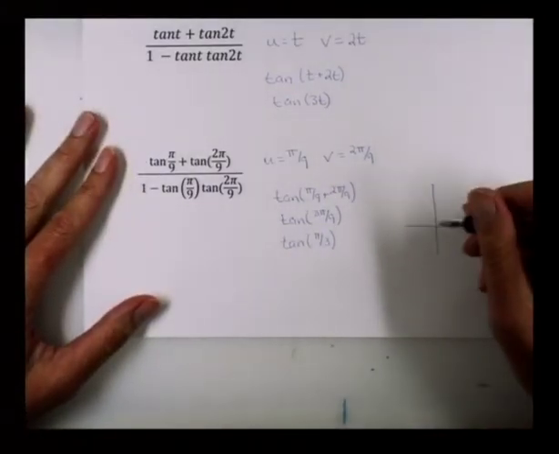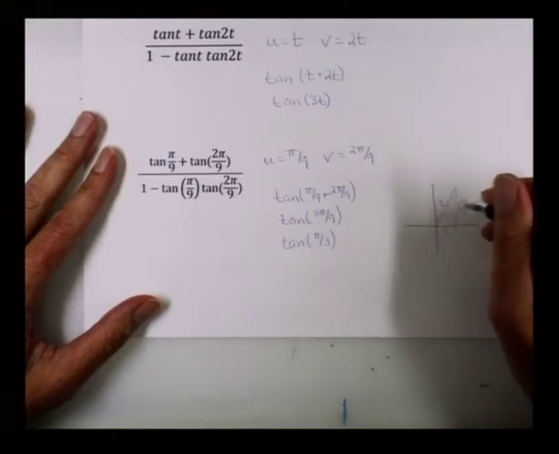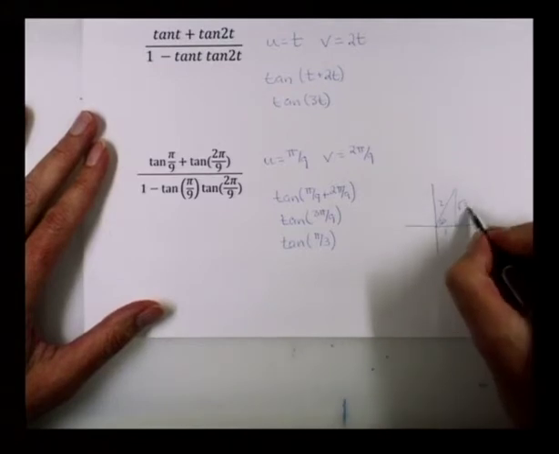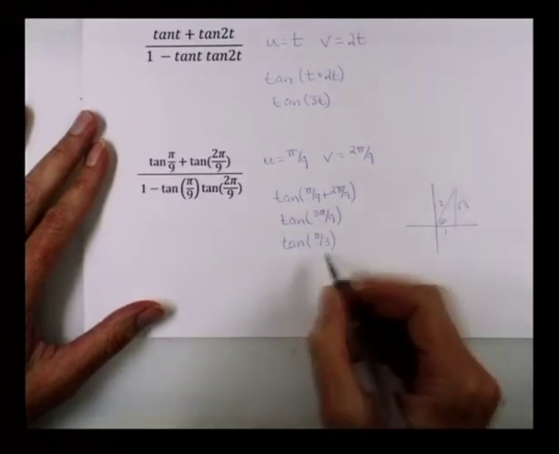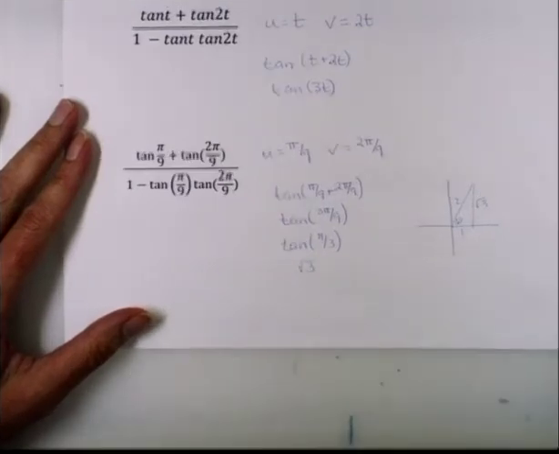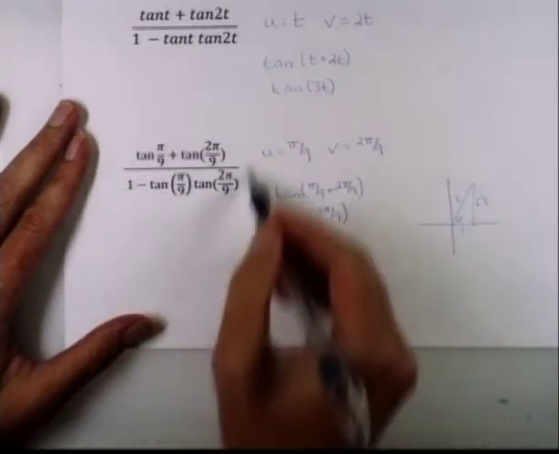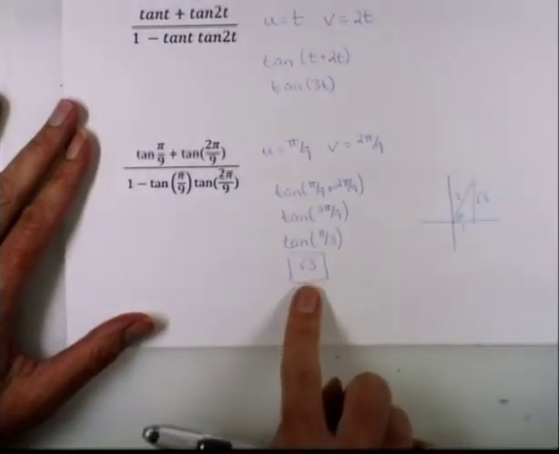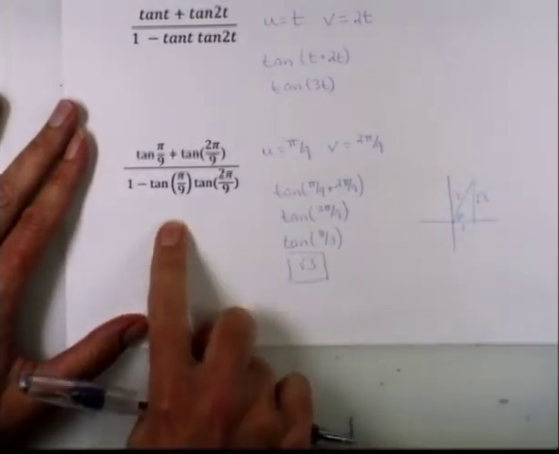Pi over 3 is 60 degrees, so I draw a reference angle: 1, 2, radical 3. So if I'm trying to find the tangent, I want the opposite over the adjacent. So the tangent of pi over 3, or 60 degrees, is just radical 3. So all of this reduces down to radical 3, and we can see that this is a much simpler answer than that. Okay.